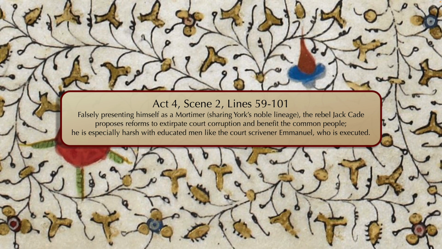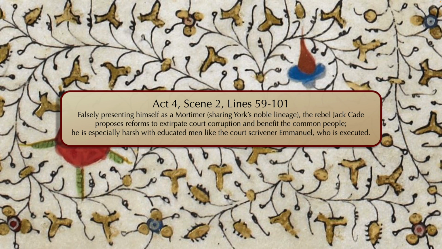Act 4, Scene 2, lines 59 to 101. Falsely presenting himself as a Mortimer, sharing York's noble lineage, all according to York's machinations, the rebel Jack Cade proposes reforms to extirpate court corruption and benefit the common people.